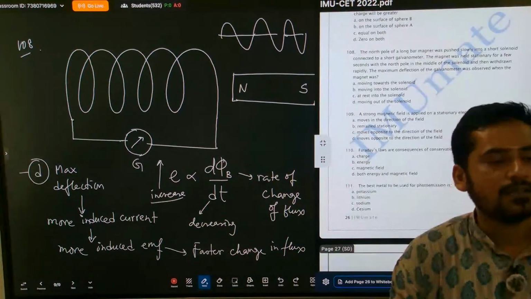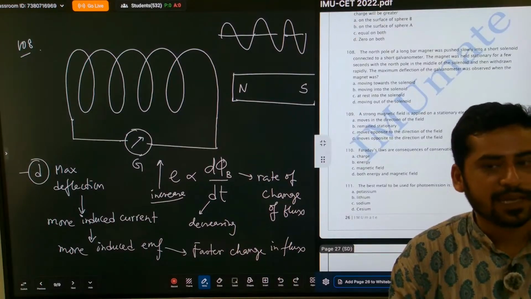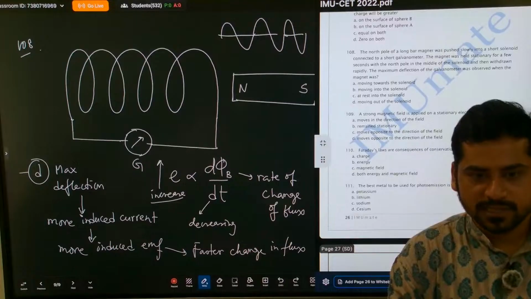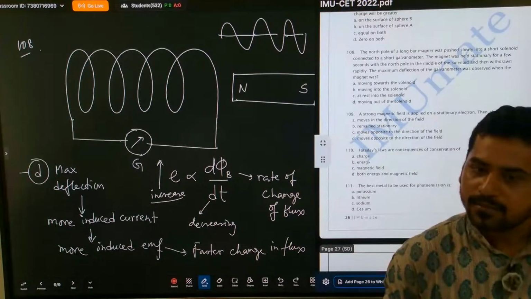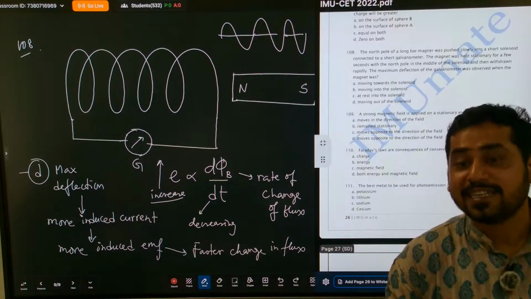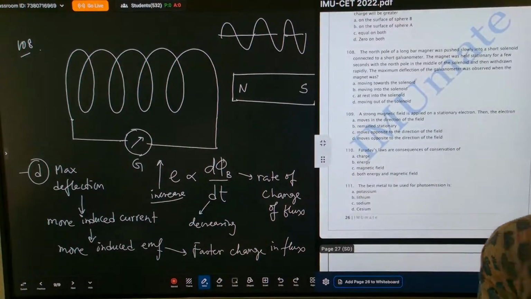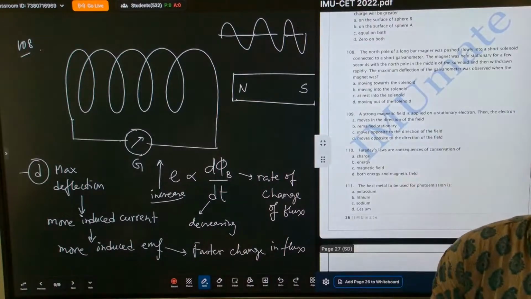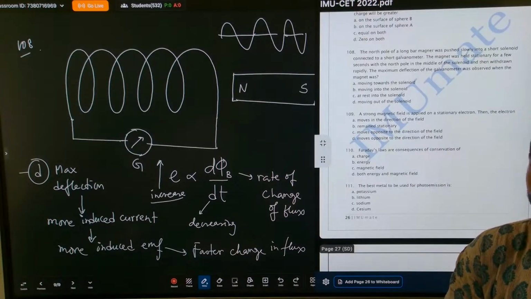Why greater hertz? They use hydroelectricity. They have many waterfalls, so it is easier for them to rotate the coil faster in a single second. So they are changing the flux more, they are getting more frequency of AC, and obviously that will lower the price of electricity. We are actually paying more for electricity.